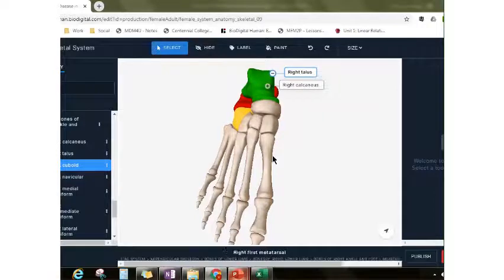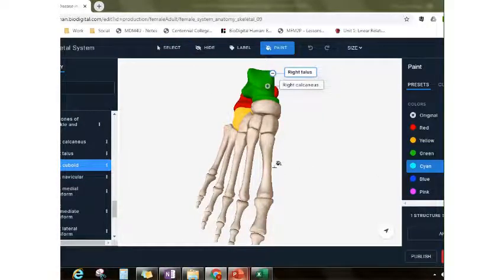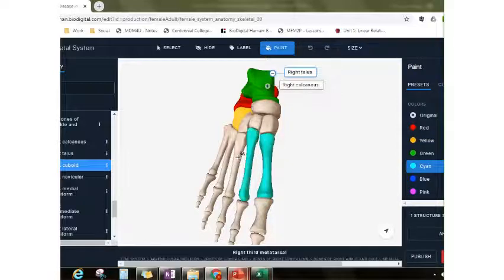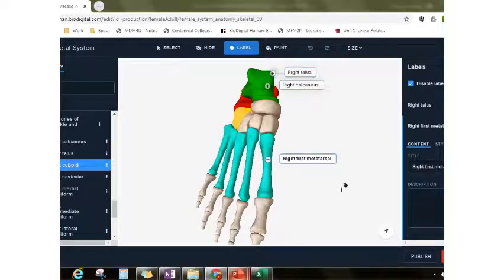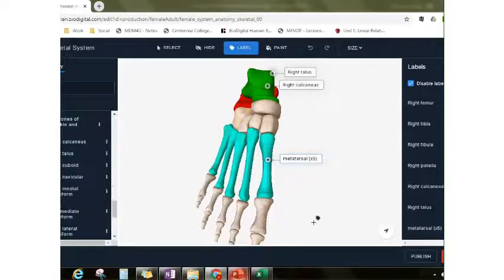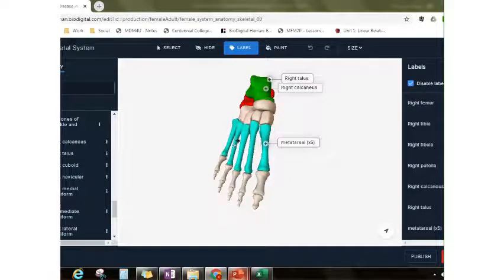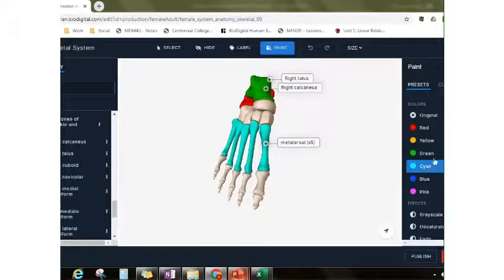Okay, and over here you have 5 additional bones that form the bulk of your feet, and those are called the metatarsals. Okay, metatarsals. Right, and you have a total of 5 metatarsals. And distal to that would be your phalanges, right? They are the same name as the finger bones.